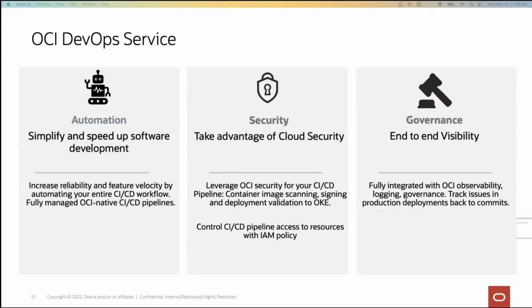You would like to use the fully managed OCI native CI/CD pipelines. You could also take advantage of the cloud security. Let's say I want to deploy my container images within my container repository. What OCI does is that you can also enable container image scanning.